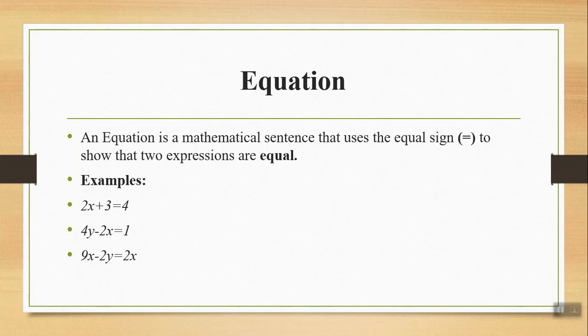Or we can say that an expression having sign of equality in between is called an equation. Now there are a few examples here. The first example is 2x plus 3 equals to 4, 4y minus 2x equals to 1, and the last one is 9x minus 2y equals to 2x.